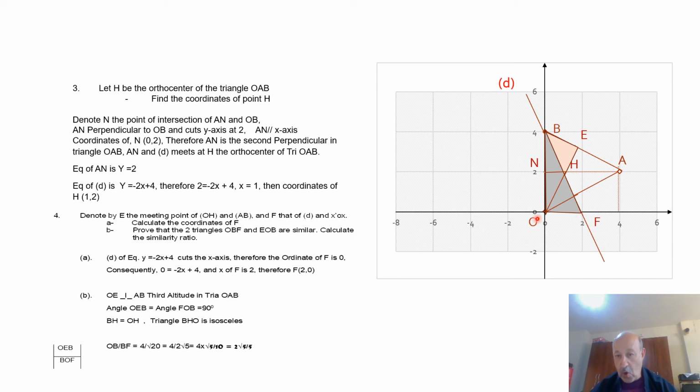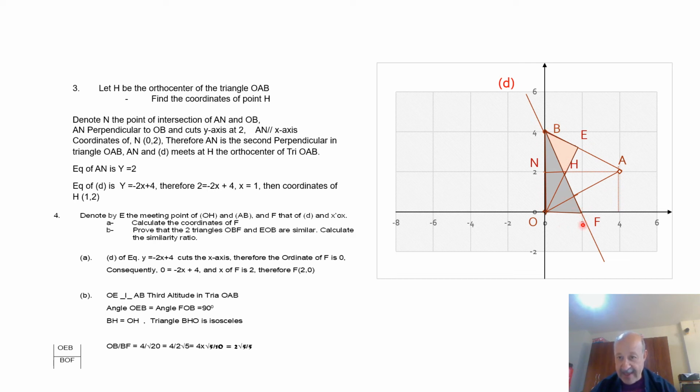Triangle FBO is a right angle triangle at O, and BF is the hypotenuse. So if we apply the Pythagorean theorem, BF squared is equal to OF squared plus BO squared.